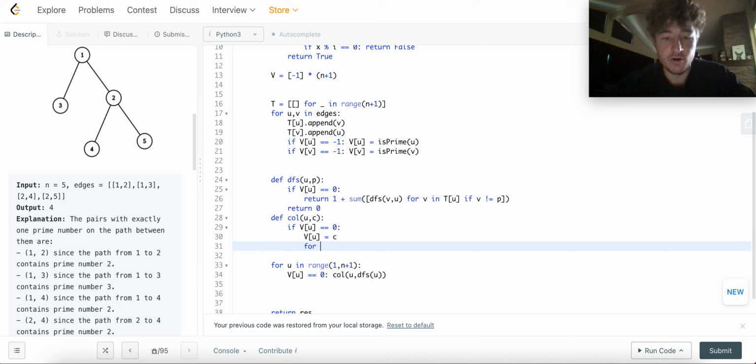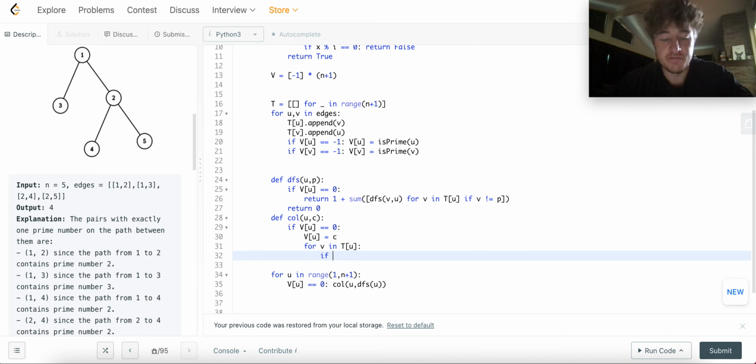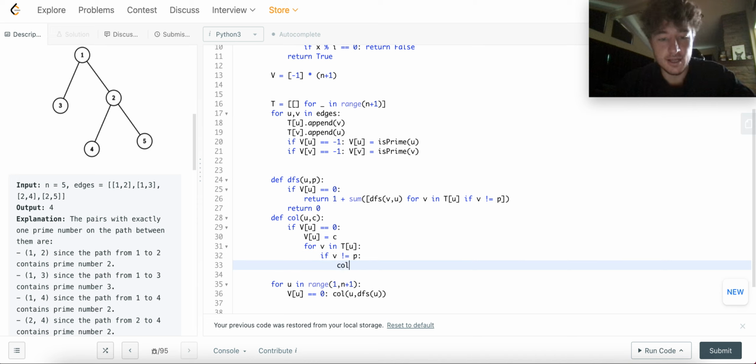And then for all my neighbors, for V in T of U, if V not equal the parent, we're going to color V the same color. Oh, so we're going to need something to do with the parent here, where the parent is U.